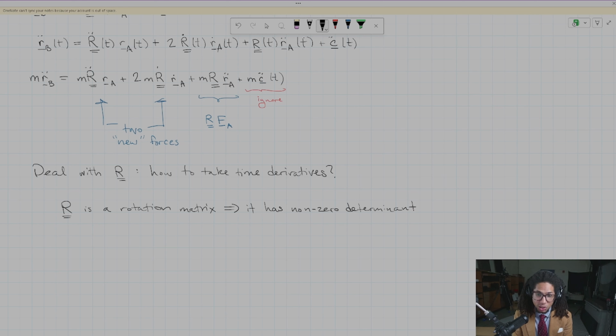If it's a rotation that preserves orientation, which is what I'm assuming for the most part, then it has determinant 1. So may assume it has determinant 1.